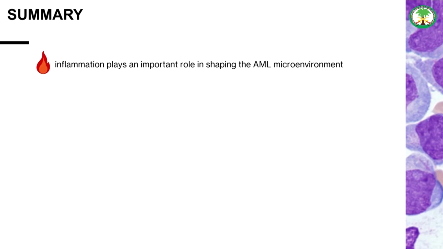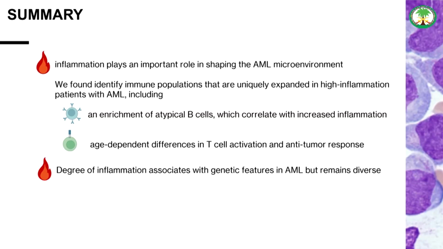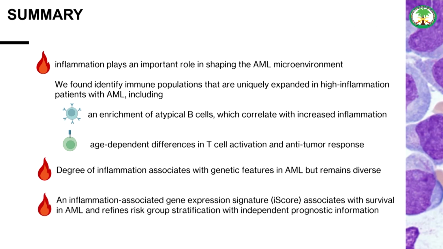So inflammation plays a really important role in shaping the AML microenvironment, and there are immune populations that are uniquely expanded in high inflammation patients. There's an enrichment of atypical B cells and age-dependent differences in T cell activation. While there is an association across the myeloid spectrum with genetic features, it remains diverse and associates with survival.